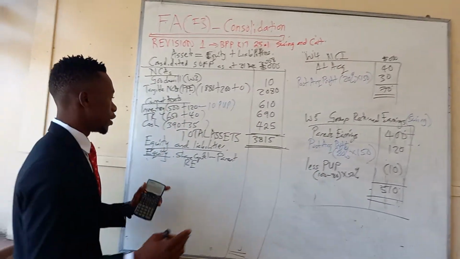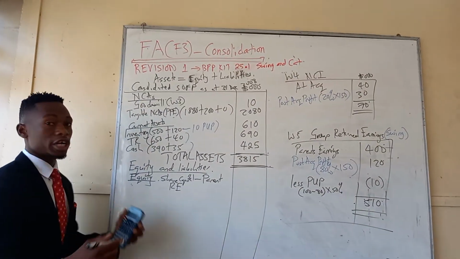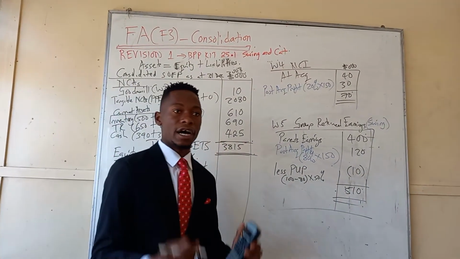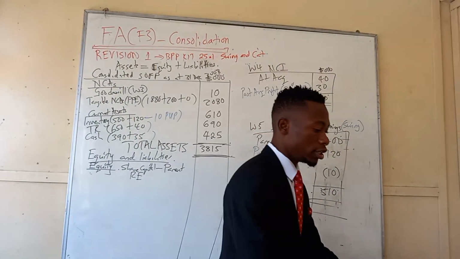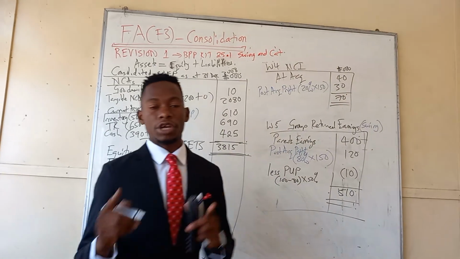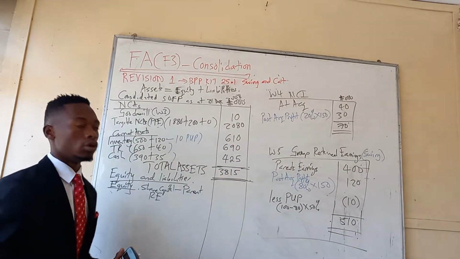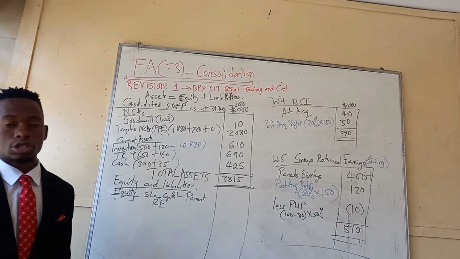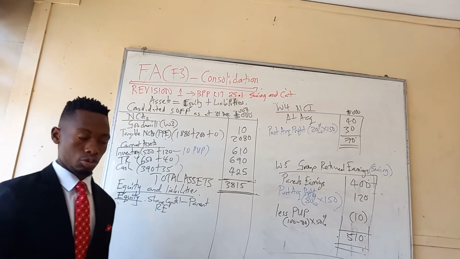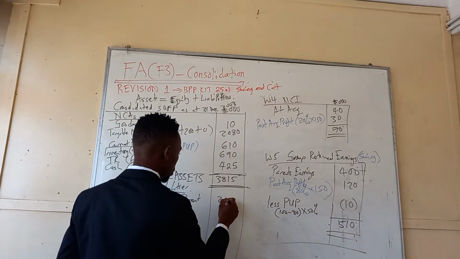You are adding the financial statements of a parent and a subsidiary, right? But on the share capital, you only take the amount of the parent. You don't take that of the subsidiary. Why? Because we have already recorded the amounts of the subsidiary in working 2. So I'm only taking for parent, which is 2,000.